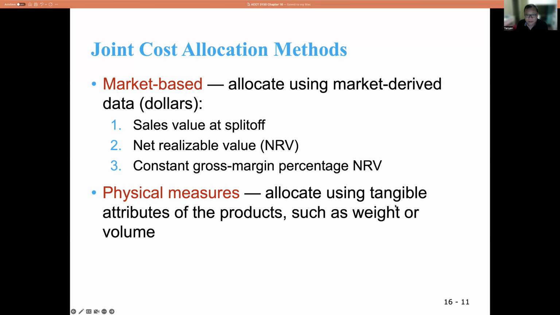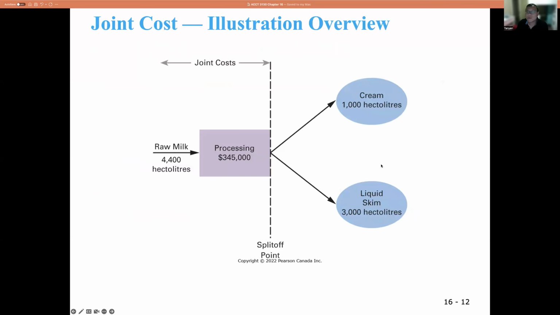Okay, let's use this one example. I hope that after we go through this example, you will know how to use the different methods to allocate joint cost. This is the important part of this chapter. So suppose that you are processing raw milk.